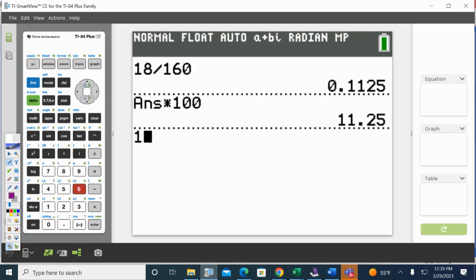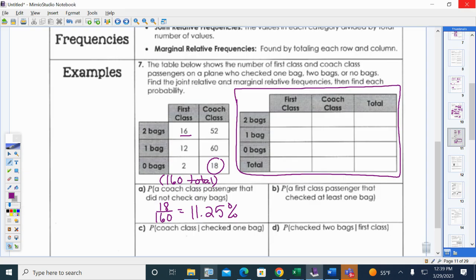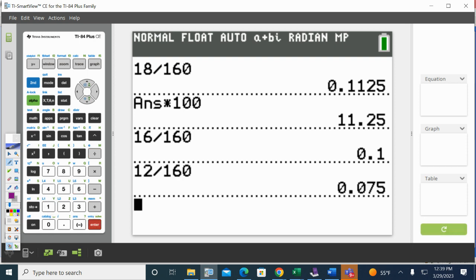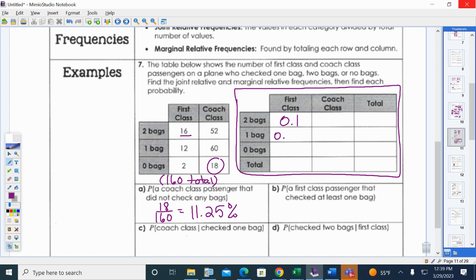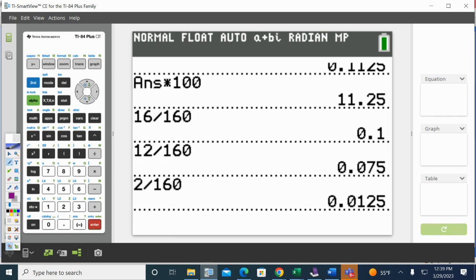So 16 divided by 160 gives us 0.1. For one bag for the first class, you would take the 12 divided by 160. So 12 divided by 160 is 0.075. And then for the 0 bags, 2 divided by the 160 gives us 0.0125.